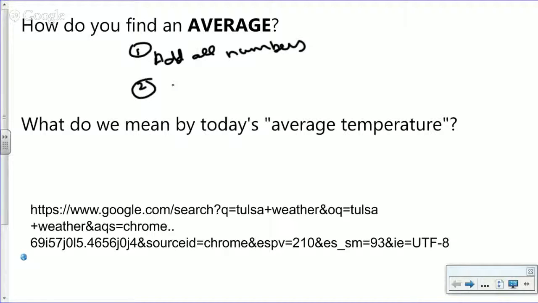And then your second step is divide by your total number of entries, right? So if you have 5 test scores you're trying to average, you add up all 5 test scores and then divide by 5, right? So divide by total number of entries.